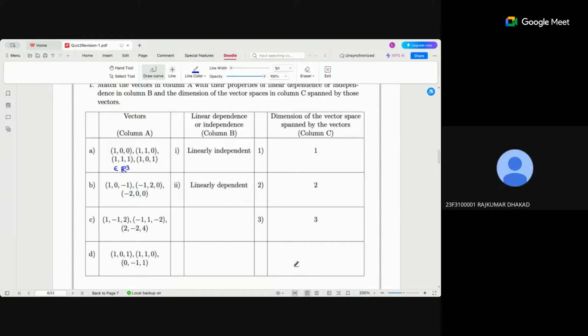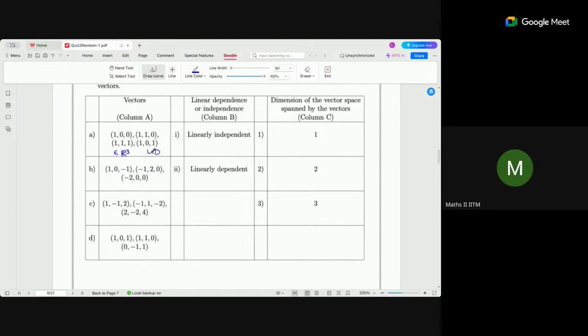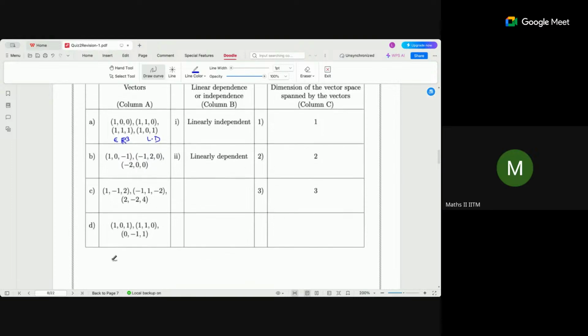Linearly dependent. Yes, it is linearly dependent. But how many linearly independent vectors are there? To find that, we write the vectors as columns of a matrix, do row reduction and see how many non-zero rows are there. Now, is this already in row reduced form or not?